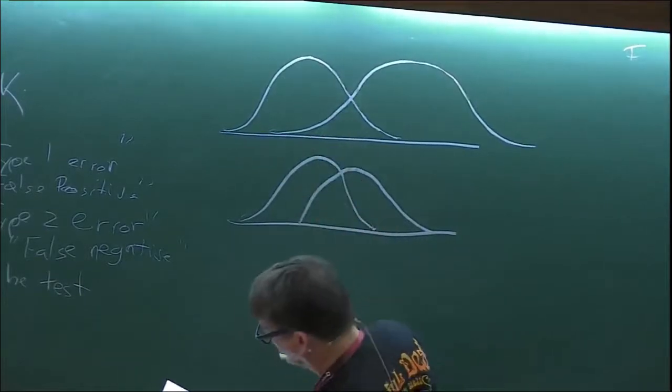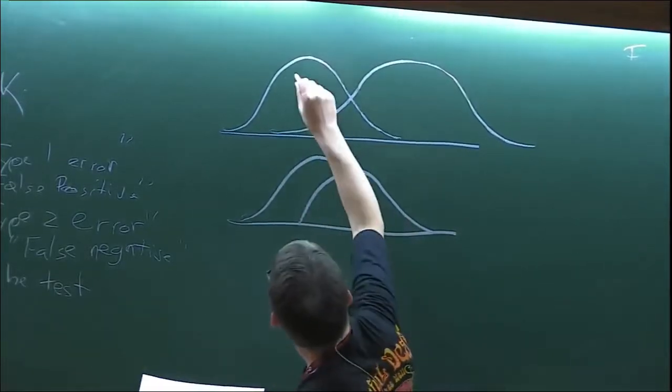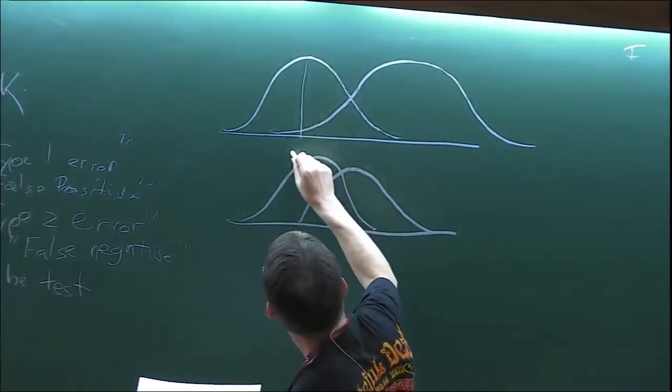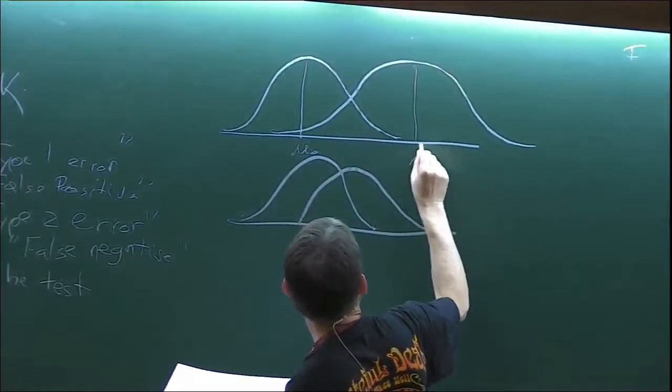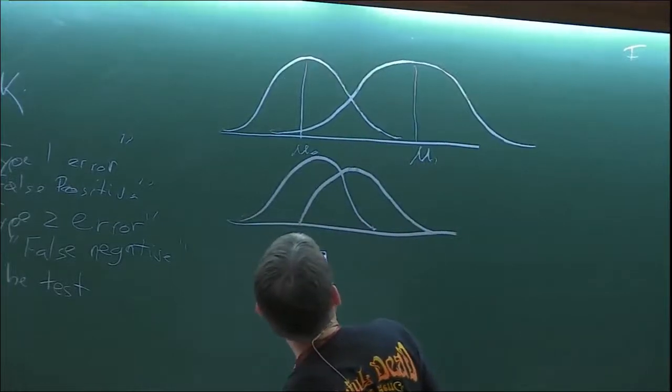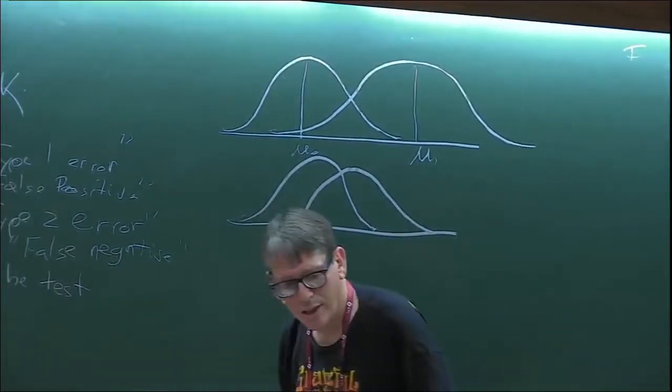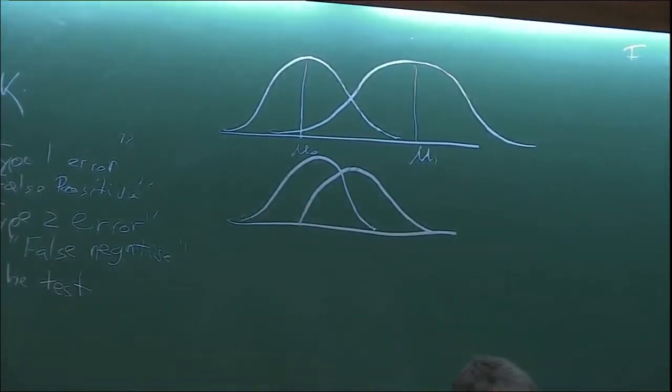Well, here are two normal distributions, okay? One of them has mean mu0. One of them has mean mu1, okay? Now, this is actually, in fact, a problem that comes up very frequently, okay?